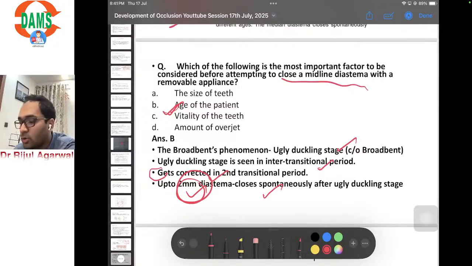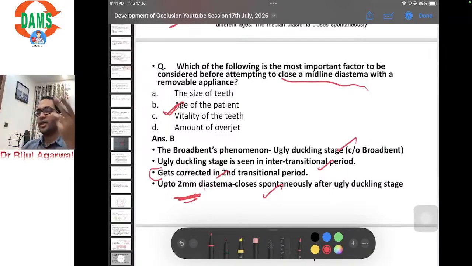Okay, another controversy which is created is this. Now, when I mentioned that up to 2 mm of diastema can be closed, in your MCQ you supposedly get a child of 10 years or 8 or 9 years of age, basically in the intertransitional stage, who reports to your clinic with a complaint of spacing between the upper anteriors.